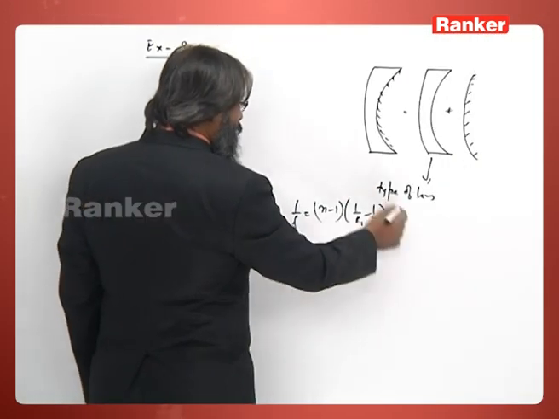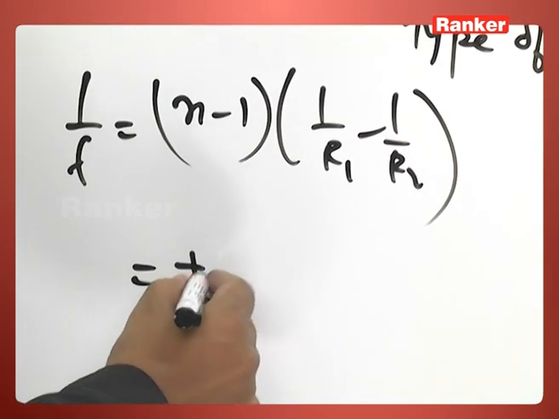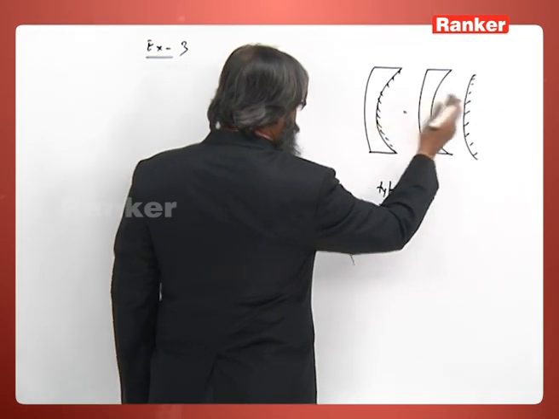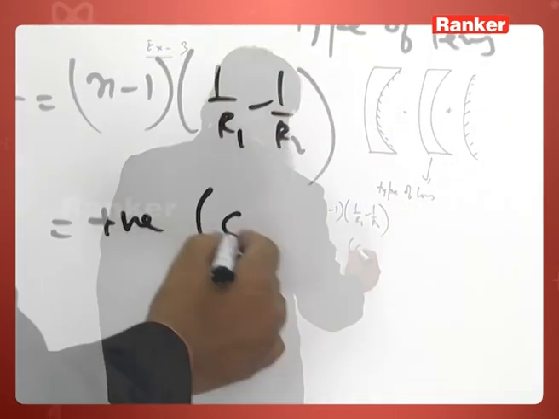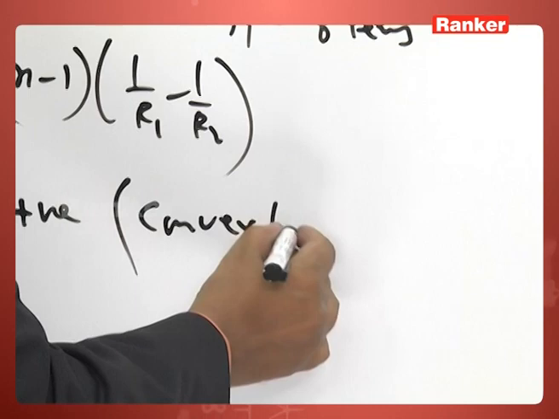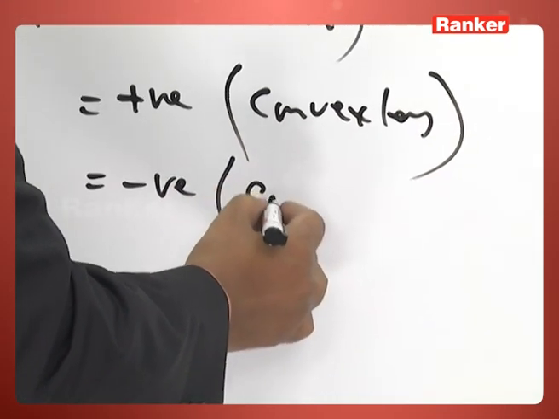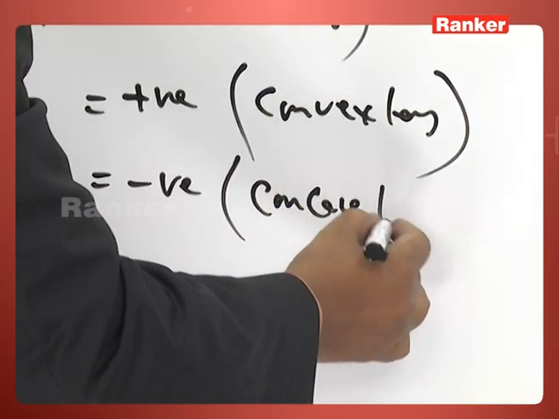If this quantity comes out to be positive, that means the focal length is lying this side, it will be a convex lens. And if this quantity comes out to be negative, it is a concave lens.